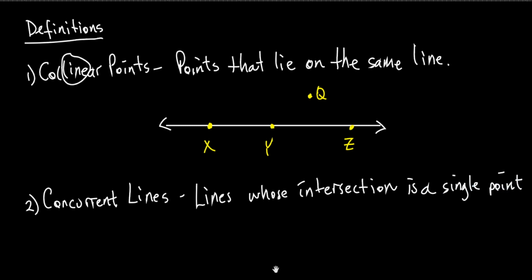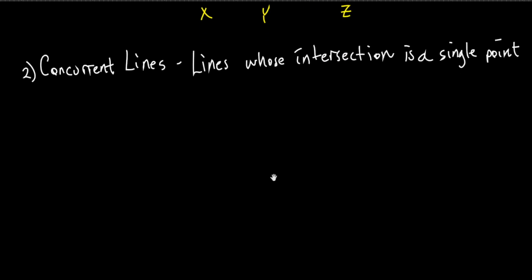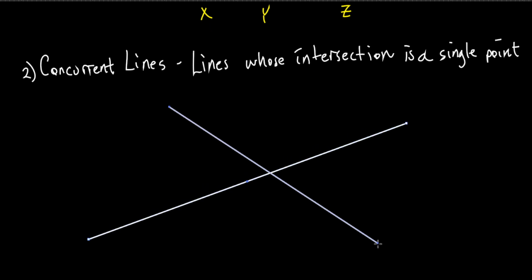What in the world does that mean? Well, we just said it. Lines that intersect do what to each other? Yeah, but just in your own words. 2 lines that do what to each other? Just intersect each other, okay? 2 lines that intersect each other are concurrent lines, all right? Intersect is the geometry word.